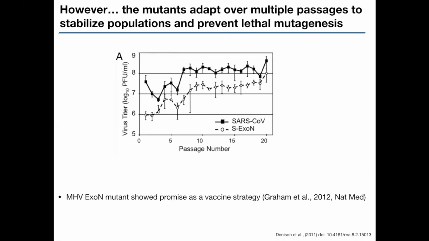It's also interesting that you might expect that if this exonuclease activity is what allows the viruses to reach these enormous genome lengths, it would be absolutely essential for the virus. And for some viruses it is, and they cannot tolerate a mutation in the exon. But SARS coronavirus and some others, while they are attenuated, mutants can evolve and adapt over multiple passages to stabilize populations and prevent lethal mutagenesis.